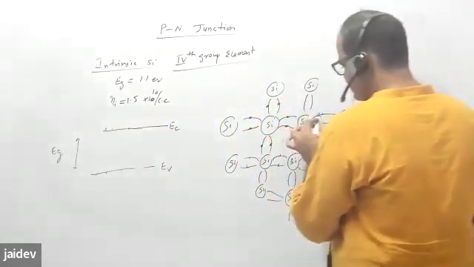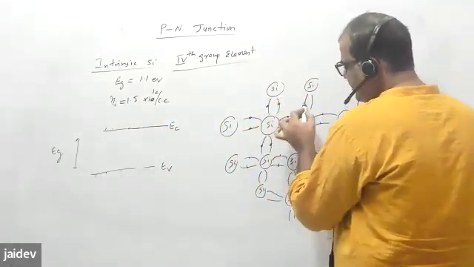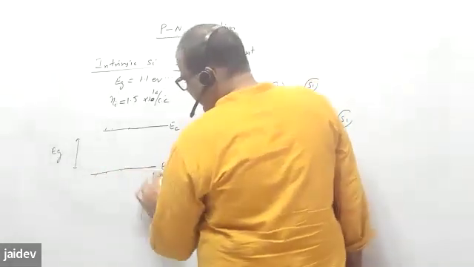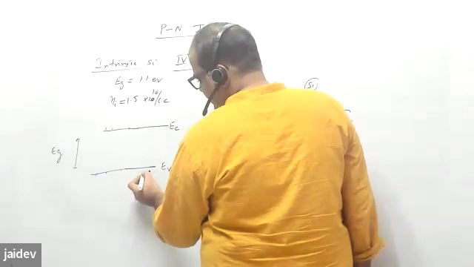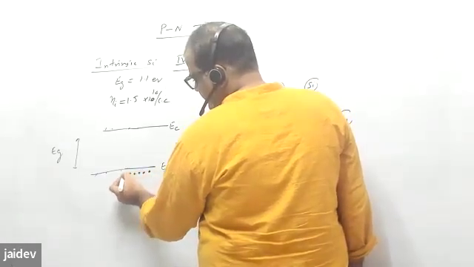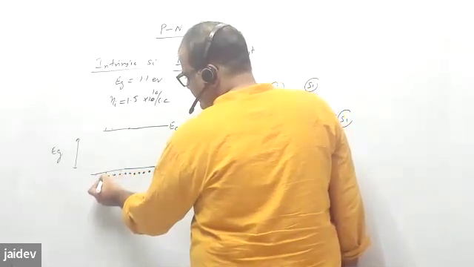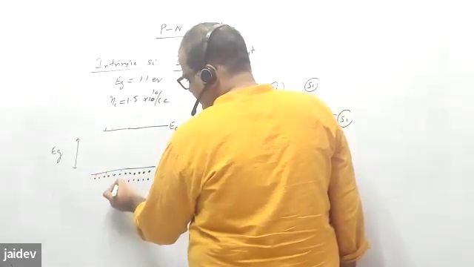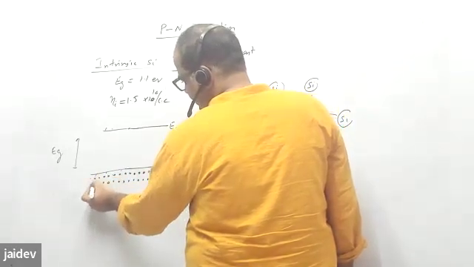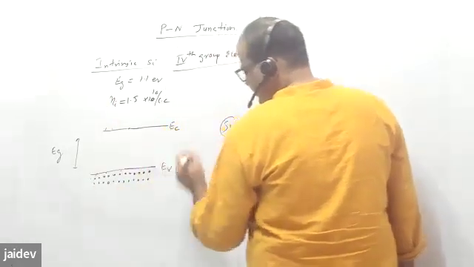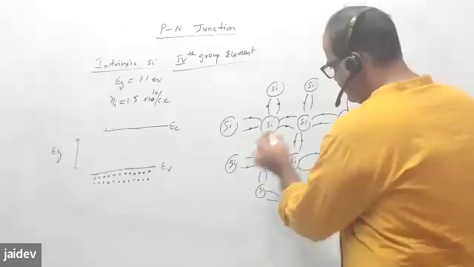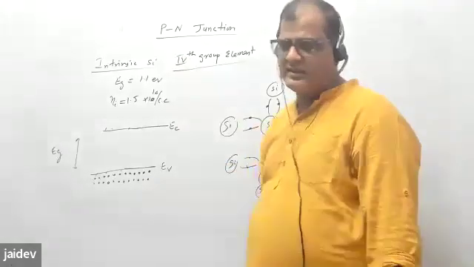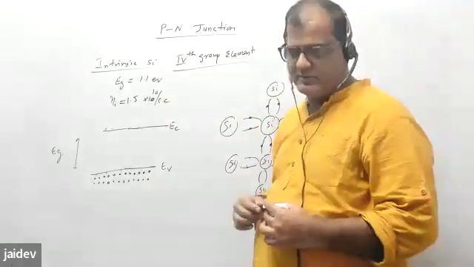So these electrons, if I see them in the electronic band picture, where are they sitting? These electrons are sitting here, in the valence band, and here there is no electron.